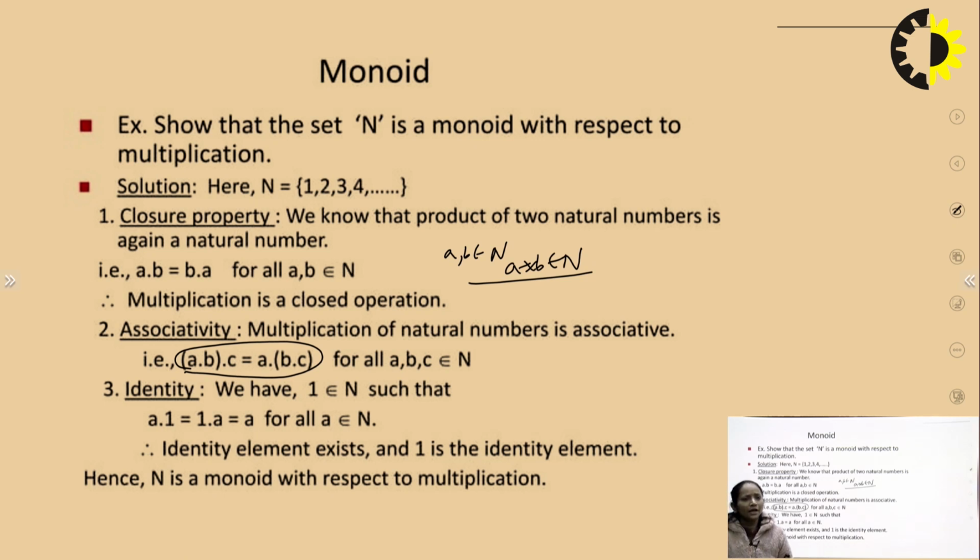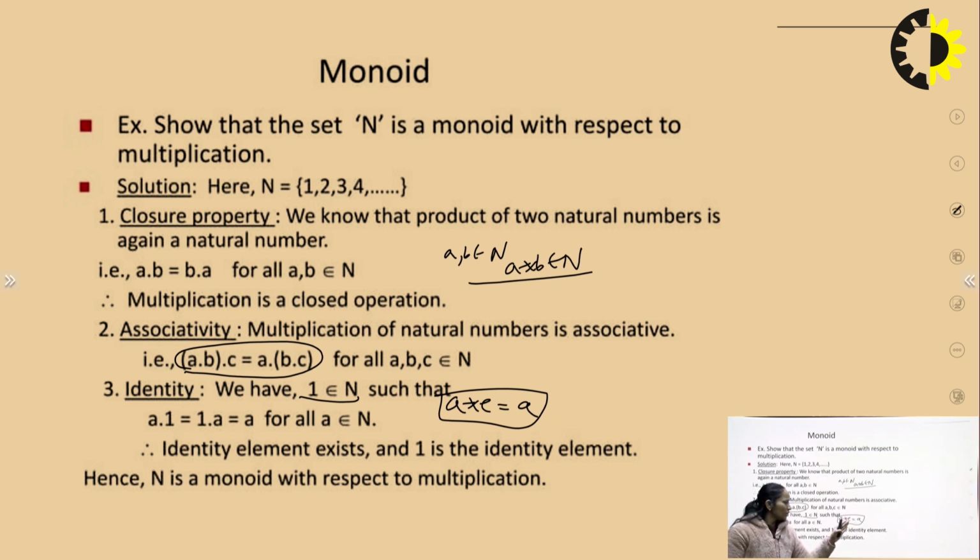Next property, identity. How can we say that? As I already told you, for the multiplication operation, the identity is 1. If 1 belongs to N, such that a cross e is equal to a, here e is the identity. If e is the identity and a is another element and the operation is multiplication, what is the value of e? The answer is that e is equal to 1.